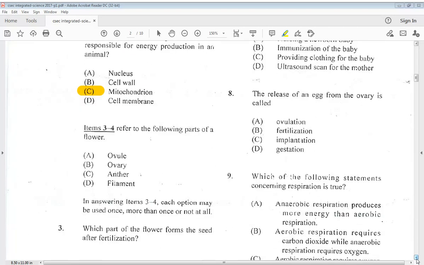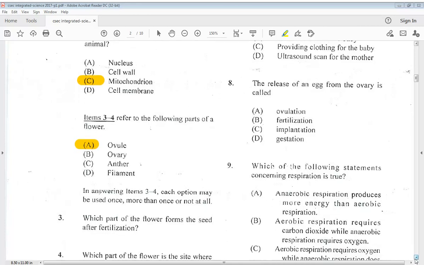Items 3 to 4 refer to the following parts of a flower: A, ovule; B, ovary; C, anther; D, filament. In answering items 3 to 4, each option may be used once, more than once, or not at all. 3. Which part of the flower forms the seed after fertilization? That is A, ovule.